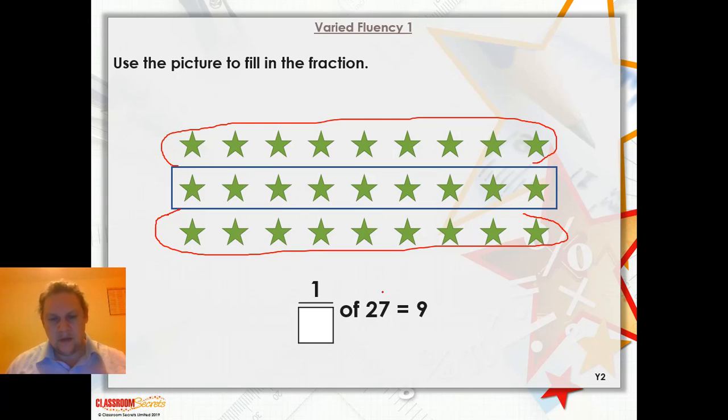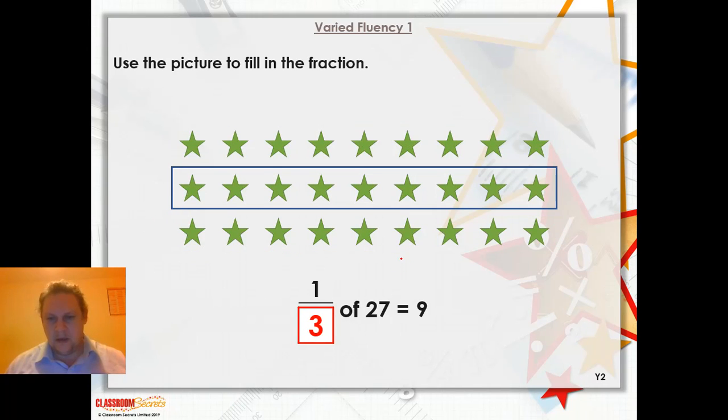Okay. At least we think we're dealing with thirds. Let's double check that we're right. So if we are right and we are dealing with thirds, then there should be 9 in each group. Let's check. 1, 2, 3, 4, 5, 6, 7, 8, 9. Okay, we're dealing with thirds. Okay, so 1/3 of 27 equals 9. And yes, we're right.